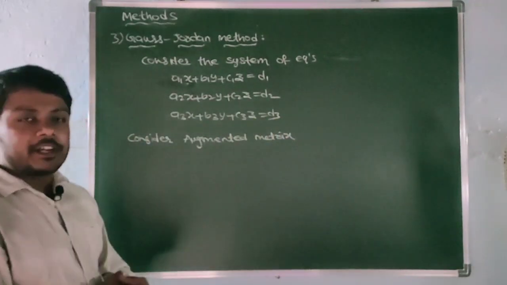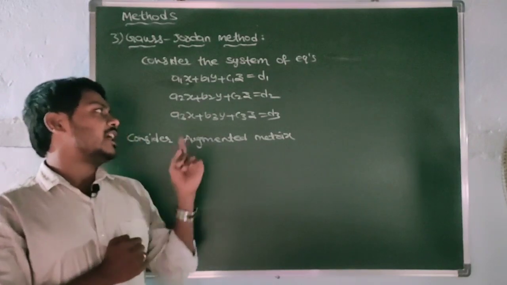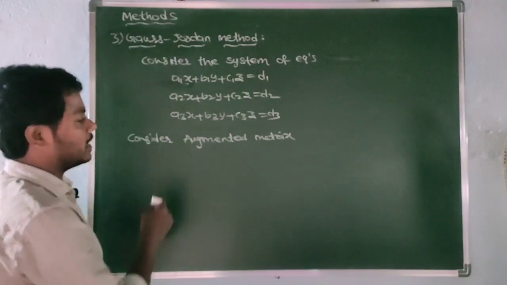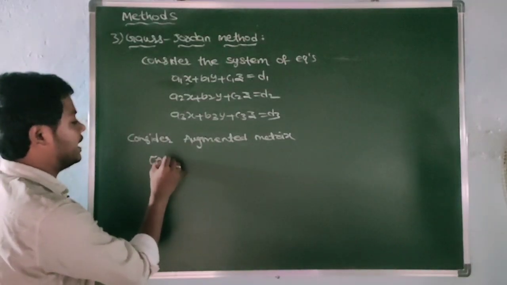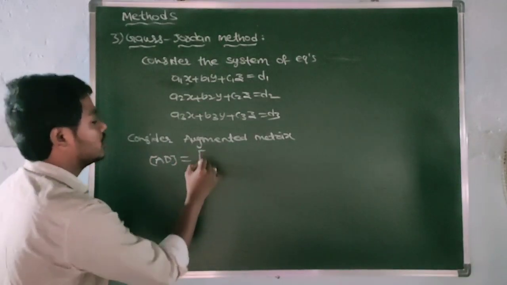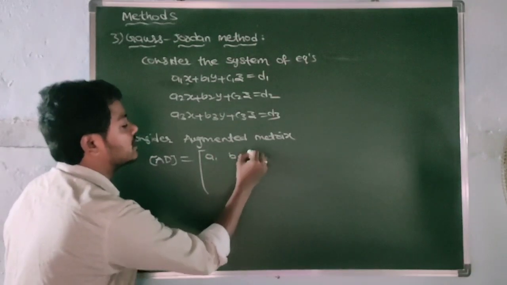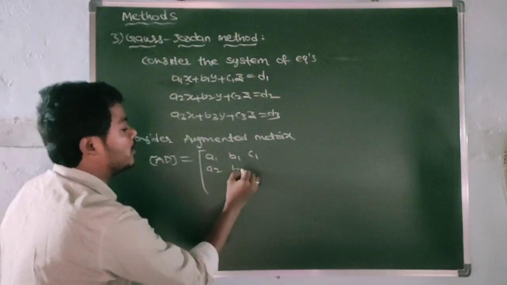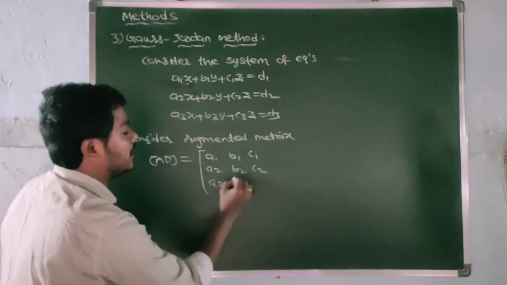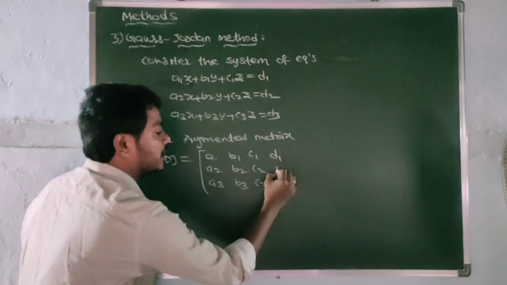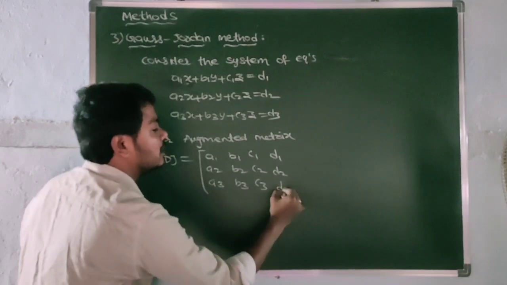So what is the augmented matrix? Both the constant and coefficient matrix together is called the augmented matrix. That is AD is equal to, so write the coefficient matrix, that is a1 b1 c1, a2 b2 c2, a3 b3 c3, and again write the constant matrix d1 d2 d3.